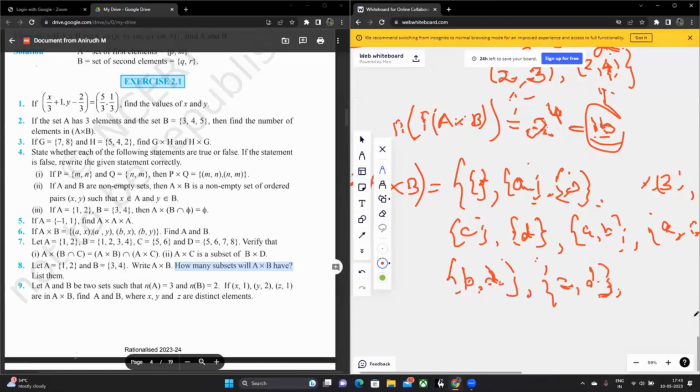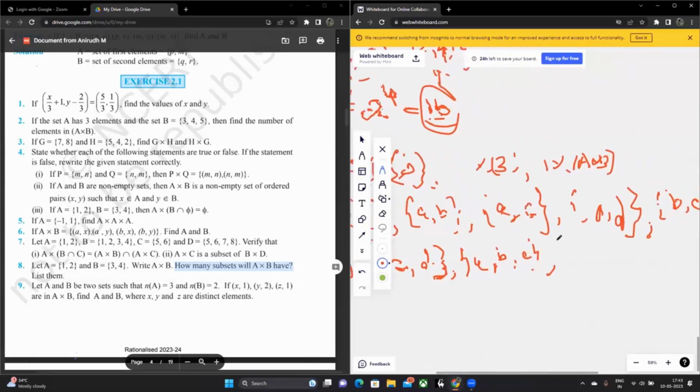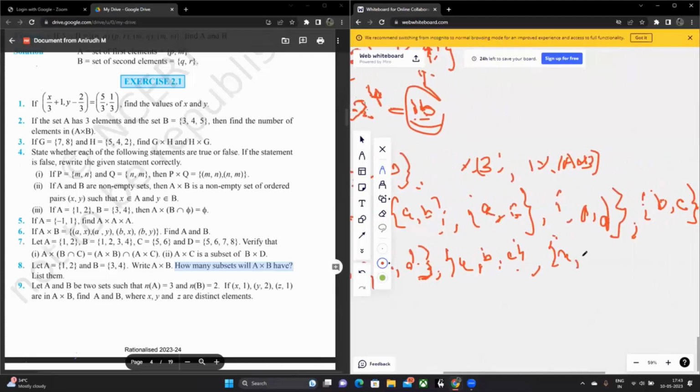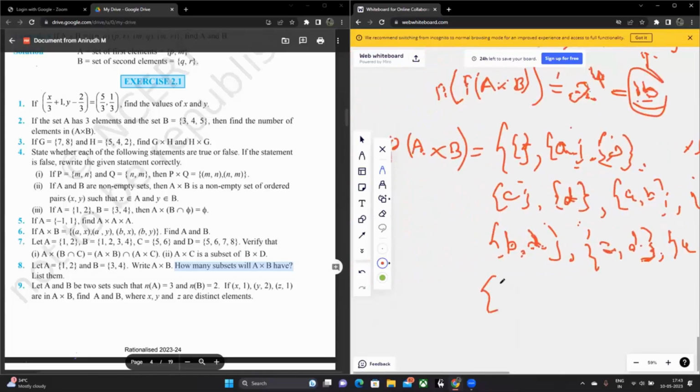Right? Still have more to write. You have ABC. In the same way, you have ABD, and you have ACD, and then you have BCD, which marks the end of the 3-element subsets.